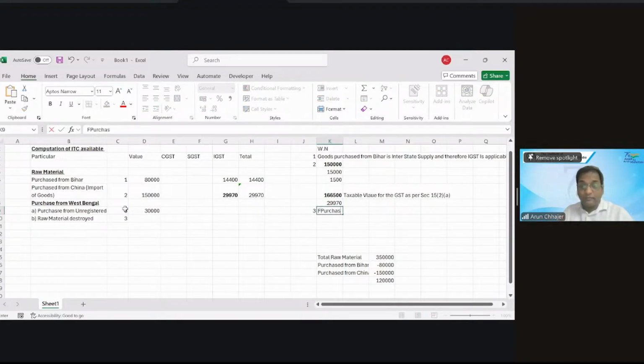Purchase from unregistered person. If notified goods or services, then liable for RCM.